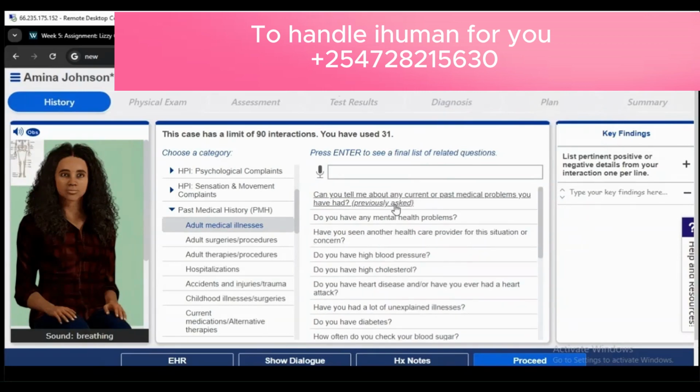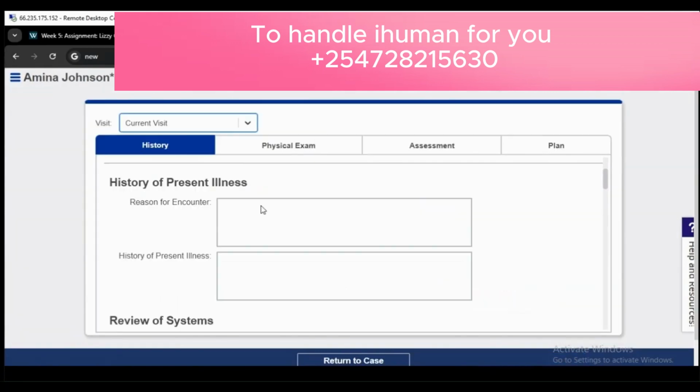Now, when you're done with the questioning, you have to move to the EHR section where you key in your findings. Some of the findings are what you use to fill the EHR.